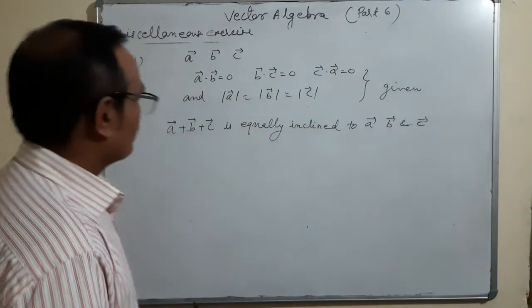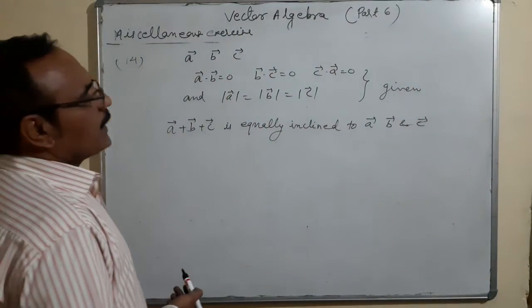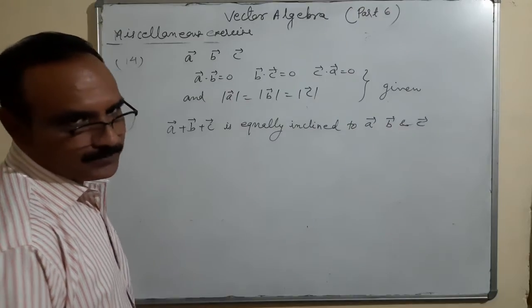So A plus B plus C is equally inclined to A, B and C.